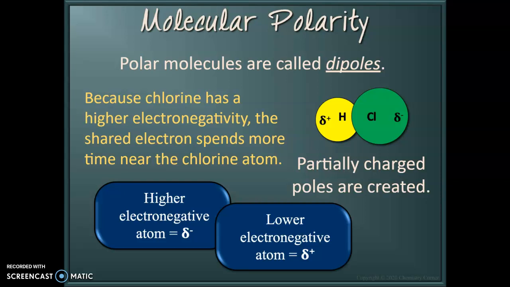And because the electron is getting further away from hydrogen, hydrogen is going to have a partial positive charge. All this is saying is that the bonded electrons in this covalent bond are more attracted to the chlorine because chlorine is more electronegative. When this happens, poles are created, and that's when you get molecular polarity. All it means is that a polar molecule has an uneven sharing of electrons.